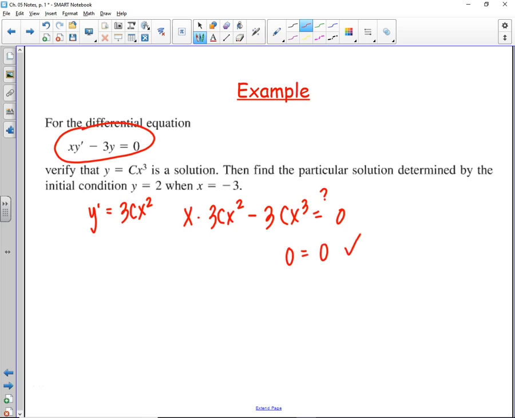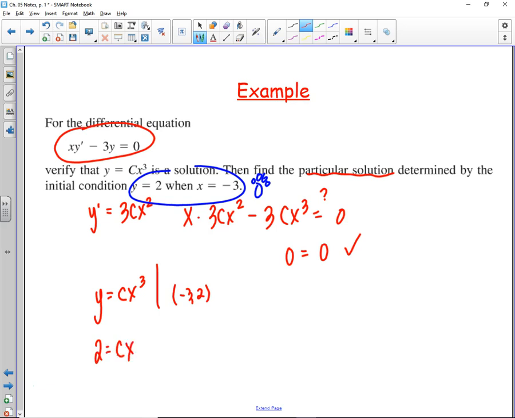What does it mean when it says find the particular solution, and then it gives us this little clue? Plug it in. So if this works, then let me plug in y equals cx cubed such that we have the point negative 3, 2. So we plug in 2 equals.